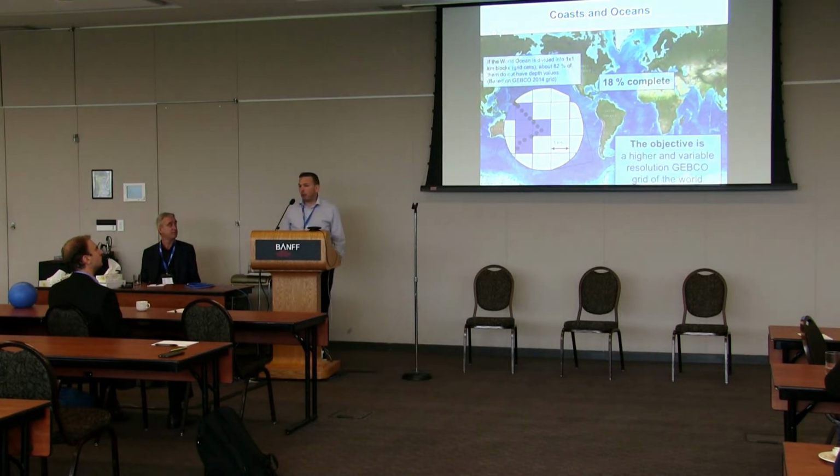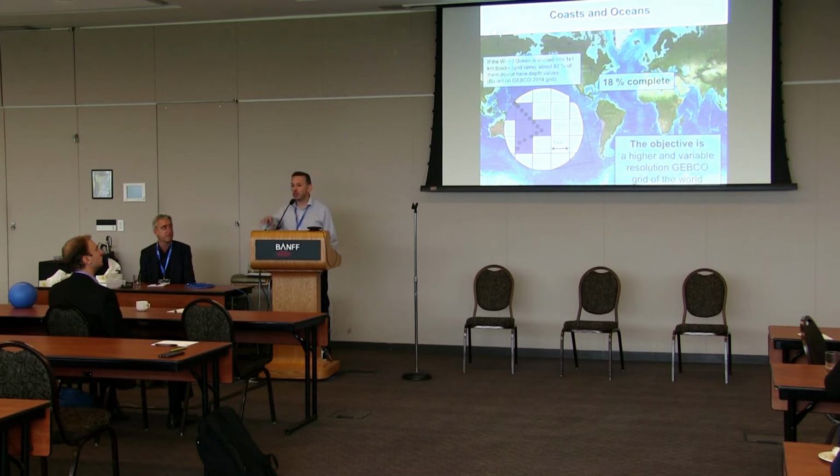Just to give you a current picture on the state of ocean mapping, if we divided the world's oceans into 1 by 1 kilometre cells, we'd quickly find that 82% of them lacked any depth point. So only 18% of the world's ocean is mapped at 1 kilometre resolution.